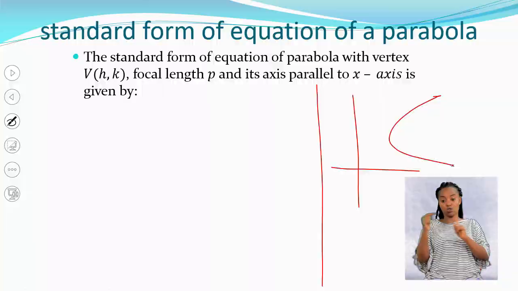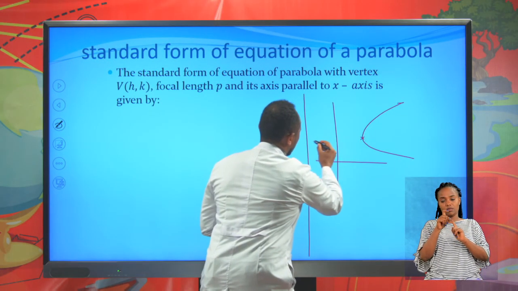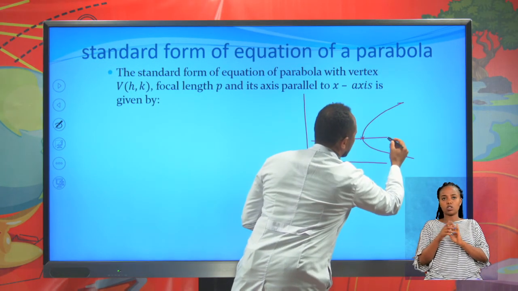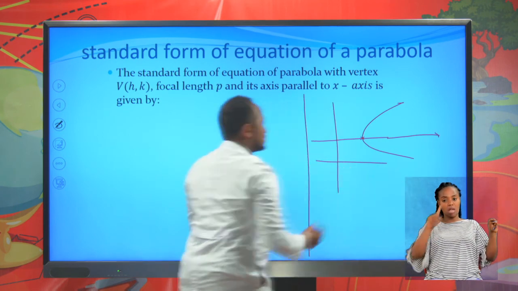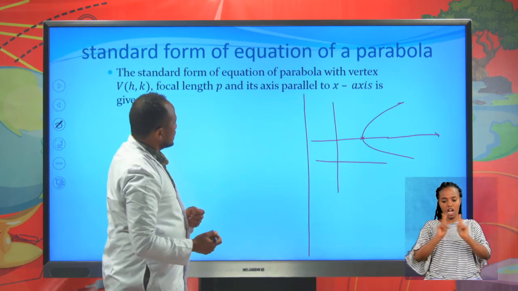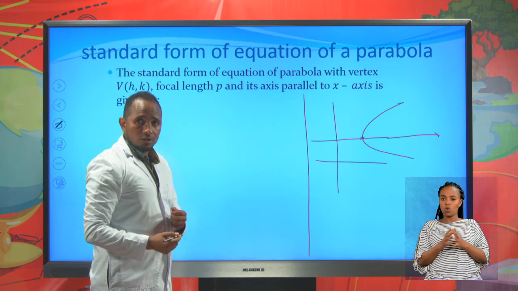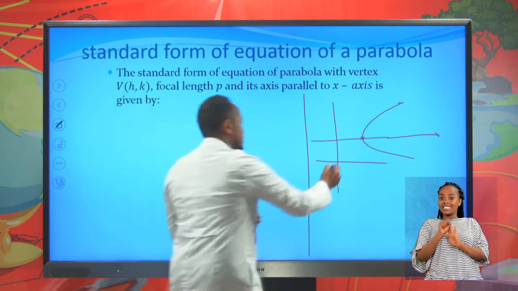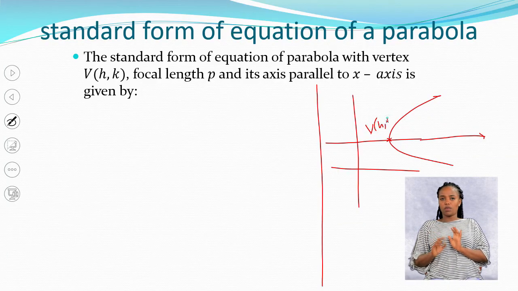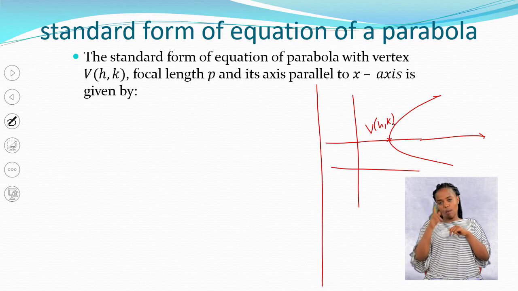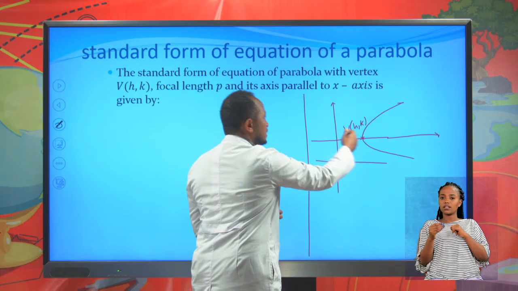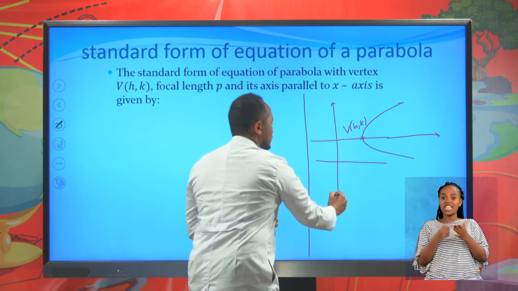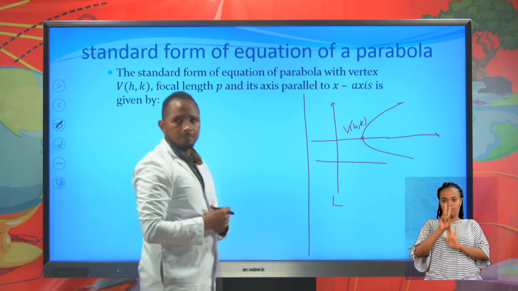The axis of this parabola passes through here. So its equation is in standard form. The vertex is given as (h, k), and this line is the directrix of the parabola.